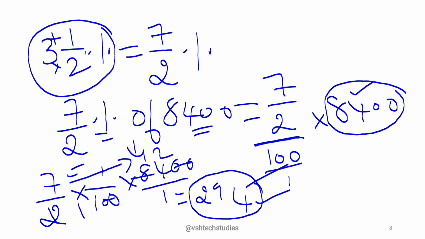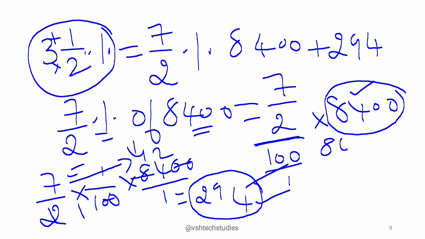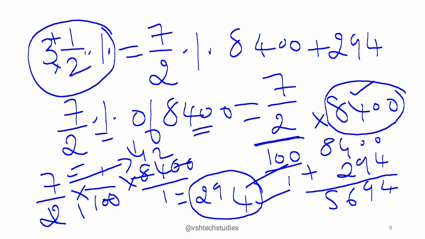294 rupees. Then what is the total amount? 8,400 is the marked price plus 294. So 8,400 plus 294 if you do, 0 plus 4 is 4, 0 plus 9 is 9, 4 plus 2 is 6, then 8 here.